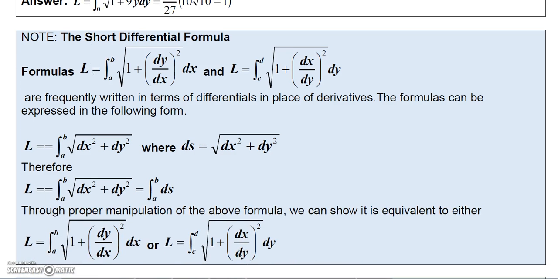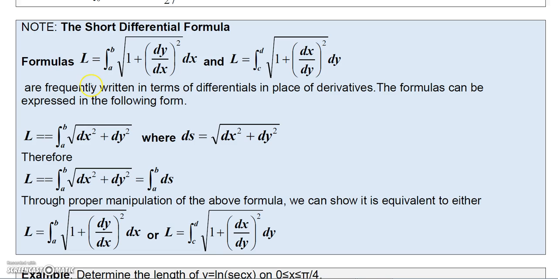Okay, so let's look at the short differential formulas. These formulas can frequently be written in terms of differentials instead of derivatives, and so the formulas can be expressed in this form.